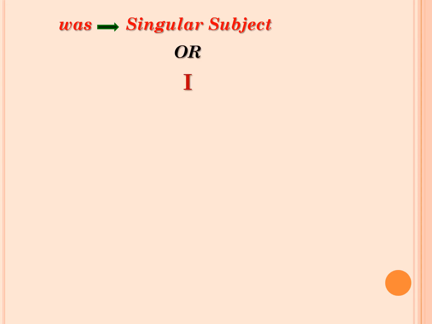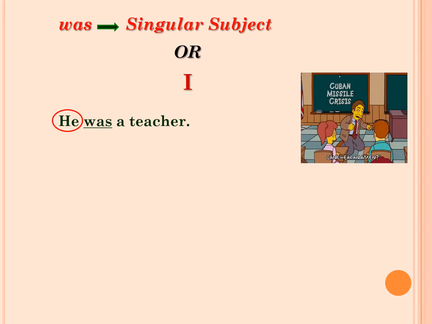In case of past tense, that means when we are talking about something that happened in the past, all we have to do is to replace "is" and "am" with "was". That means was will be used with a singular subject, or if the subject given there is I. Let us take an example for this.